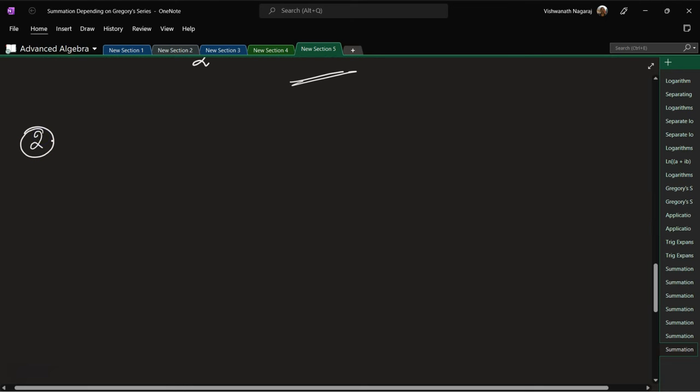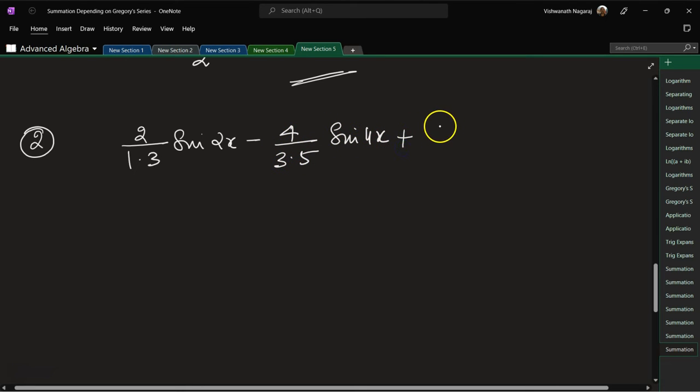The second problem is we are given a series 2 by 1 times 3 sine 2x minus 4 by 3 times 5 sine 4x plus 6 by 5 times 7 sine 6x minus, and so on.